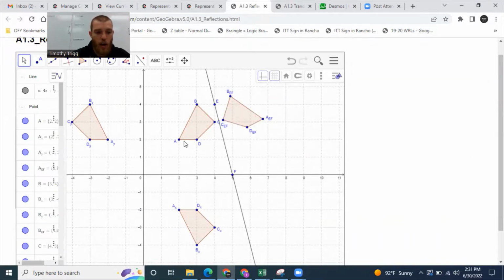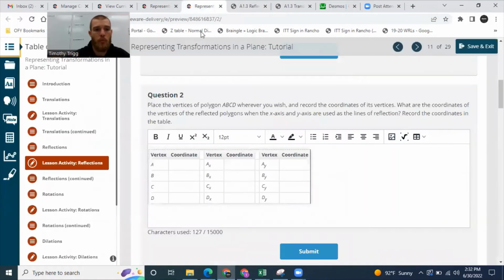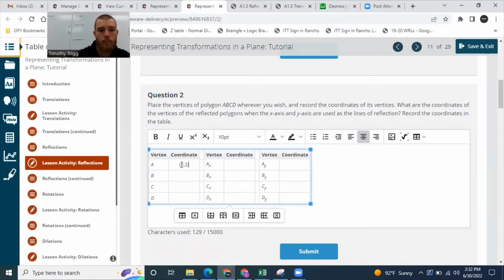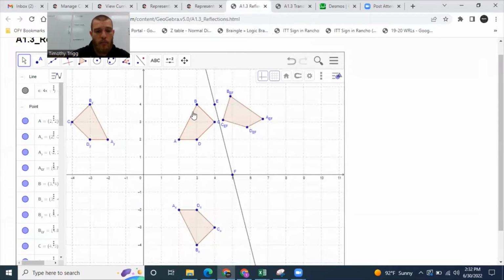Now it's easier to count where each of the coordinate points are. Notice for our pre-image, A is at 2, 2. So we would put for A, that's at 2, 2. Let's go ahead and put the coordinate points for the rest of the points on the pre-image. What about B? Well, it's 3 on the x-axis, 4 on the y, so 3, 4.